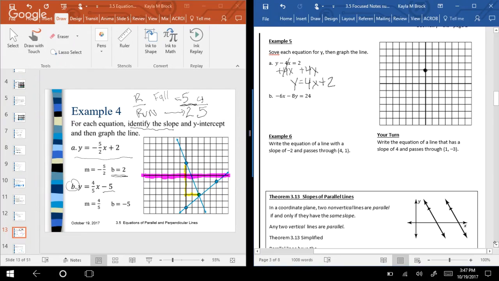I'm plotting my first point on the 2 because that's the y-intercept. And then my slope is going to be up 4, 1, 2, 3, 4 over 1. Draw the line through.